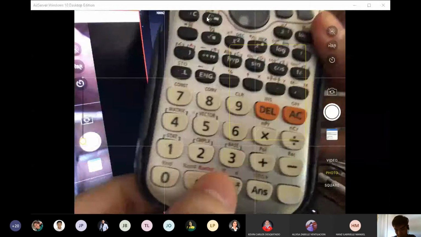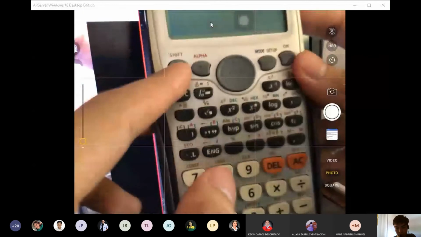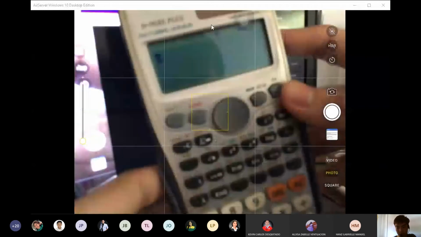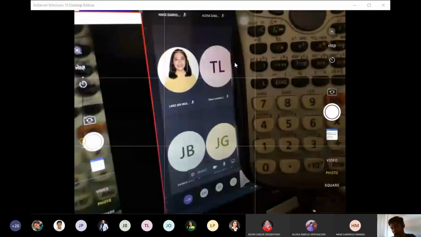So ito yung calculator nyo. Nandito yung pi usually, sa exponential part. Yung dilaw, dalawa siya. So you press shift then pi. So you can access the pi. Magkaiba kasi yung 3.14 sa pi.